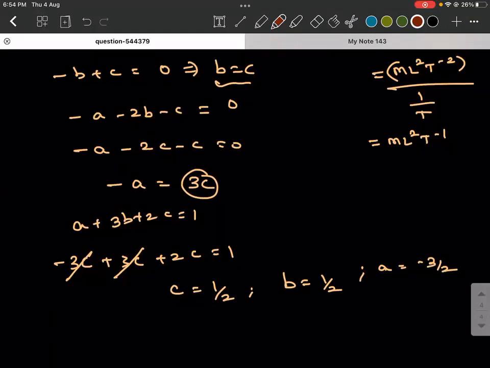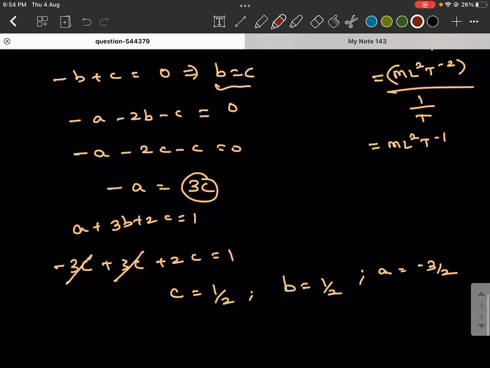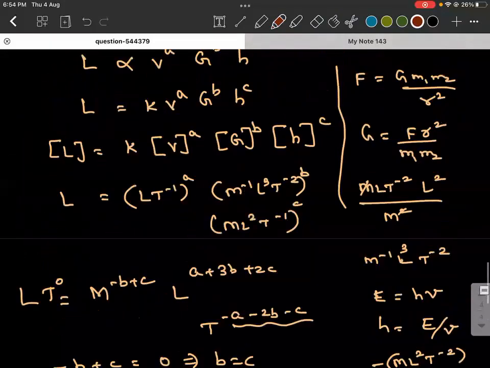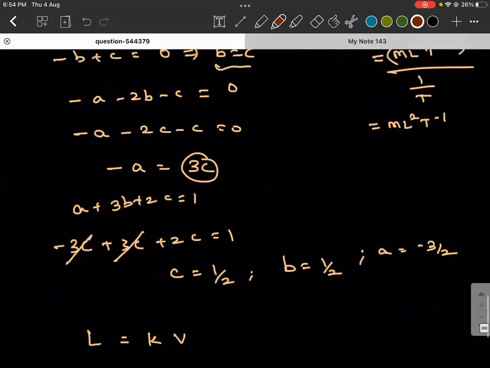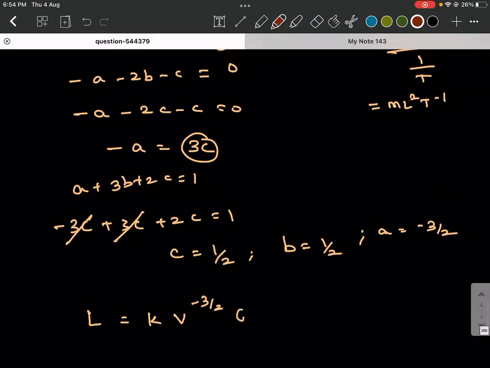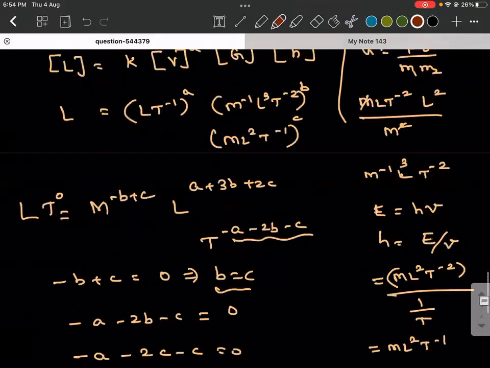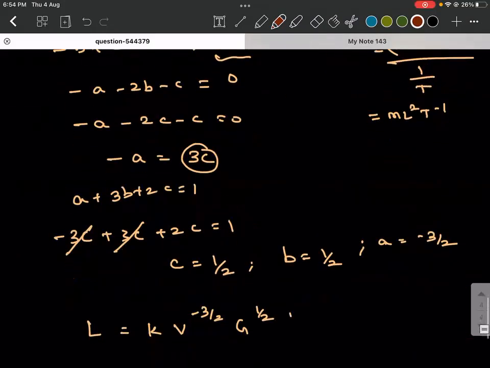Slightly tough only, but so the expected equation is L is equal to K into v power minus 3 by 2, G power half, into h power half. So this is how you need to write. Did you understand what they asked in the problem? It's the same procedure.